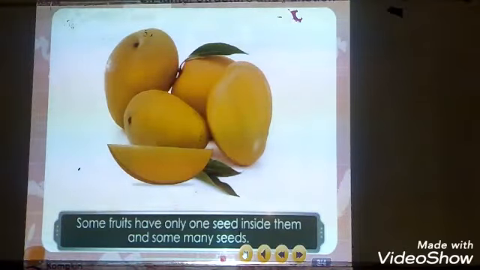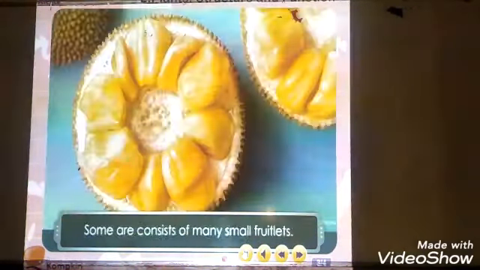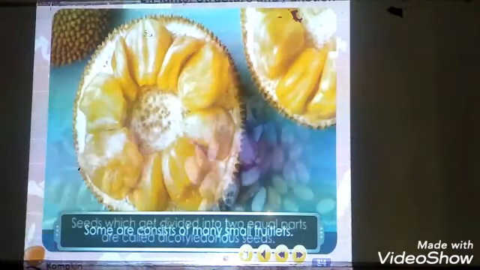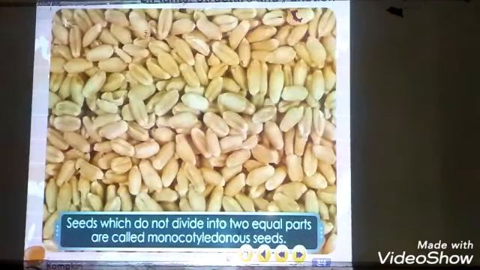Some fruits have only one seed inside them and some many seeds. Some consist of many small fruitlets. Seeds which get divided into two equal parts are called dicotyledonous seeds. Seeds which do not divide into two equal parts are called monocotyledonous seeds.